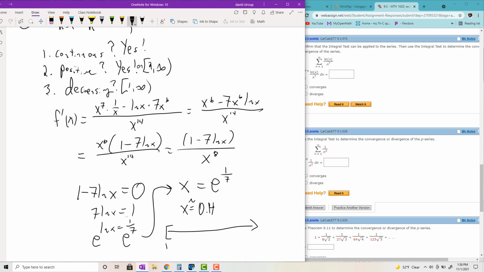So the sign will always be the same, and so plugging in something like, let's say, e to the 2 over 7, a test point. If you plug that into the derivative above, you'll have 1 minus 7 ln of e to the 2 over 7 all over e to the 2 over 7 to the 8th.